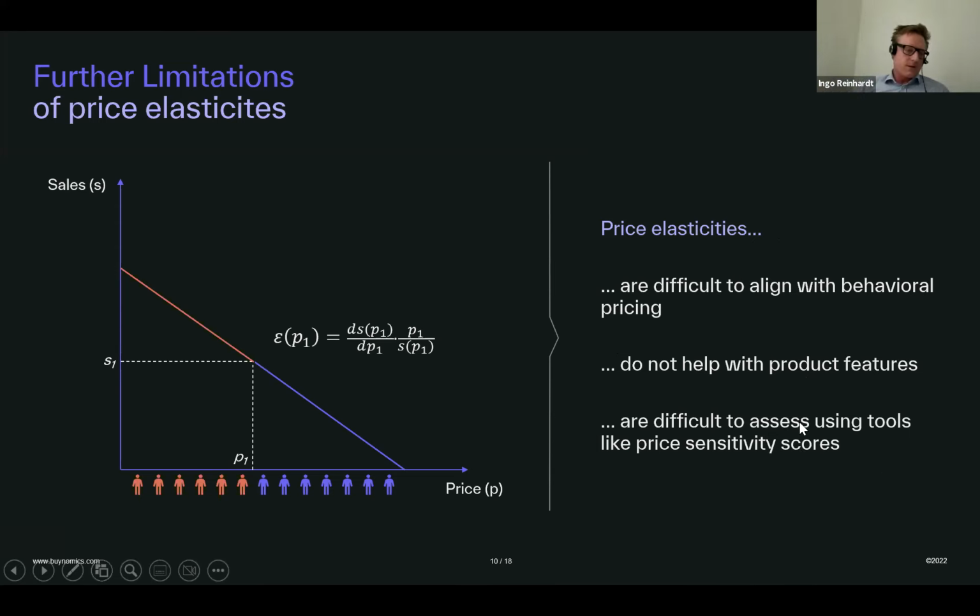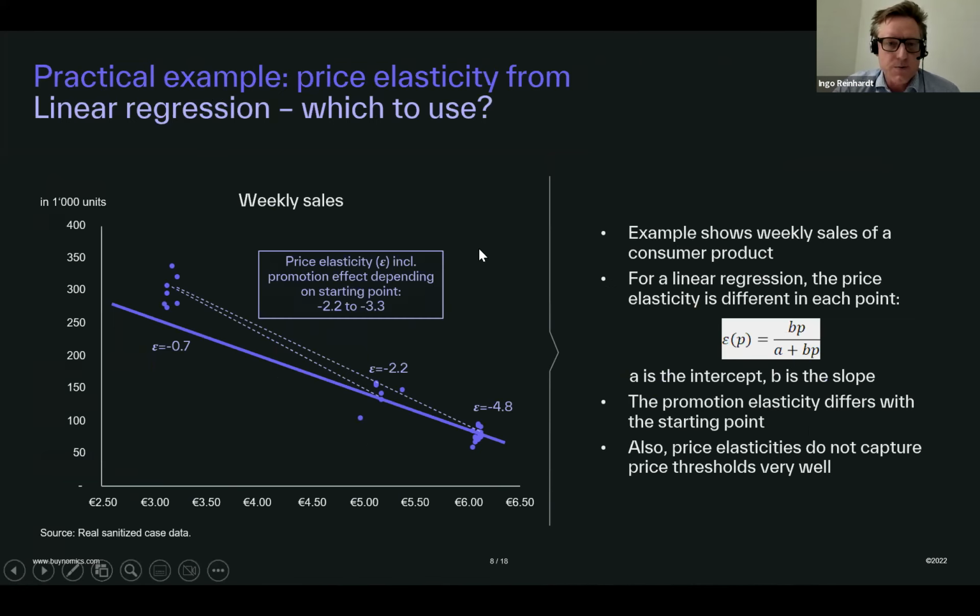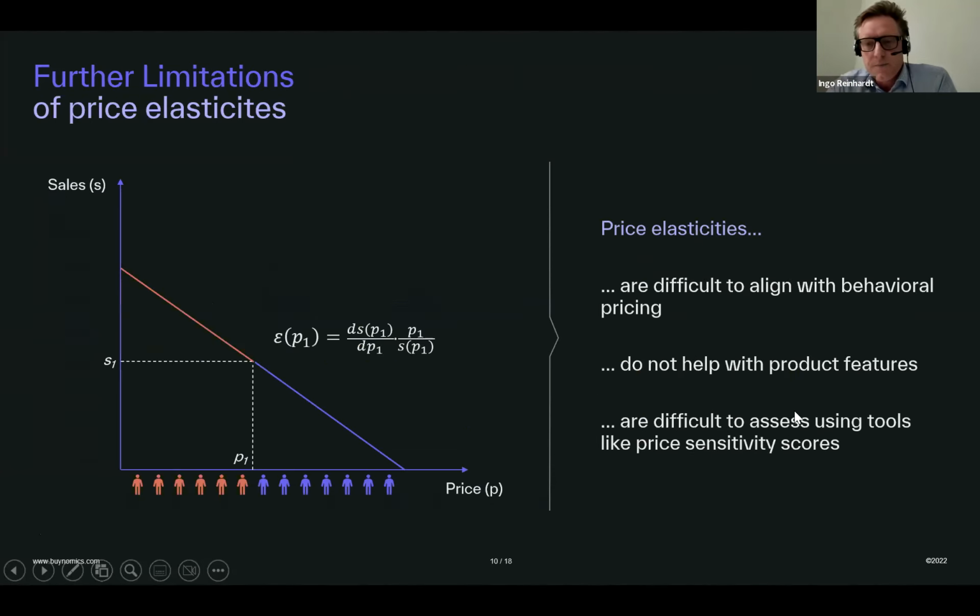And also what we've seen, because it's difficult to assign a single elasticity number to a product, here it ranges between 0.7 and 4.8. It's also difficult to describe elasticity with qualitative features where you say, okay, luxury products are less price sensitive than mass market products because the customers are less sensitive.